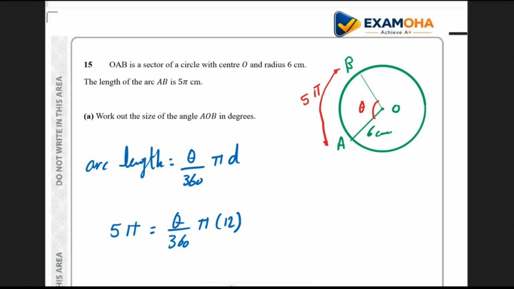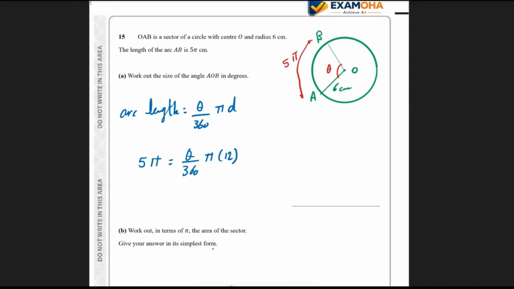And again, for rearrangement, if we move pi to the other side, it should be divided, so pi cancels pi here. 360 goes to the other side as times, as it's in a divided position, and 12 is times, so it goes to the other side as a divide. So we rearrange: 5 times 360 divided by 12 equals theta.